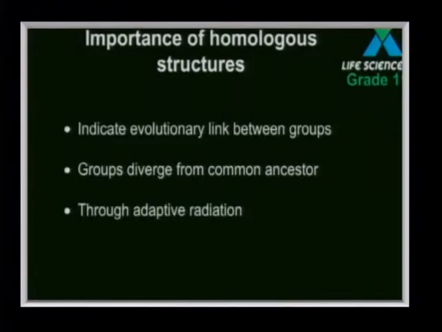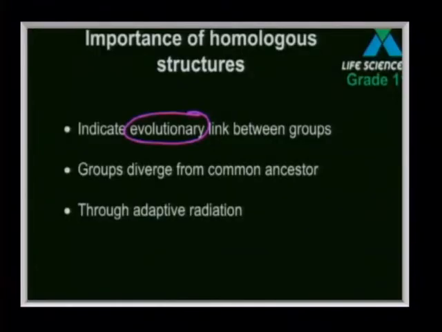So why are these important? As I mentioned to you, it indicates evolutionary links. In other words, it provides evidence for evolution. What it also indicates is that groups can diverge from a common ancestor.